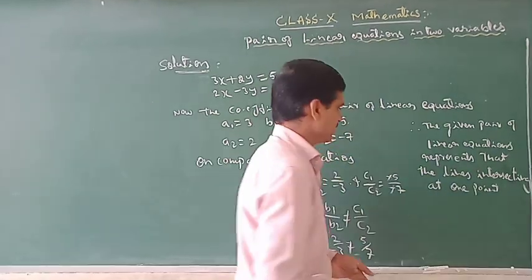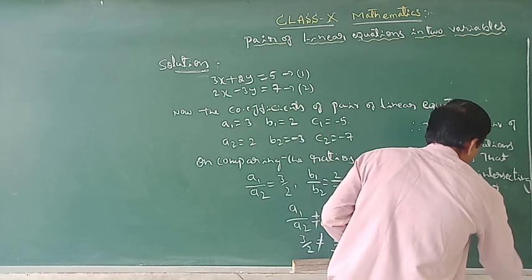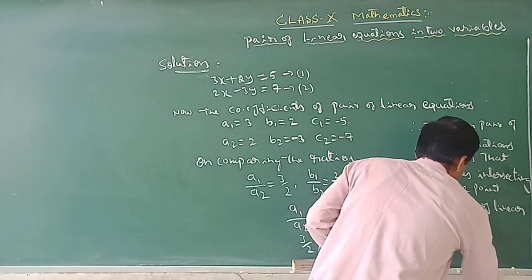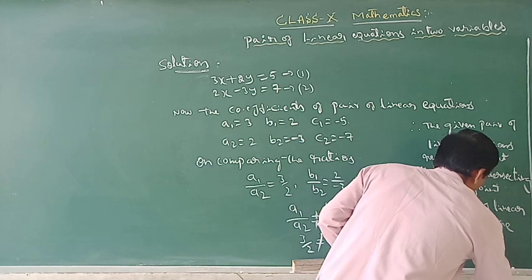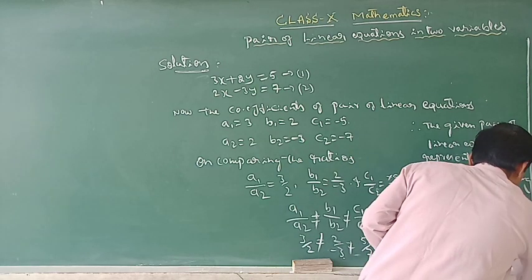It means therefore the given pair of linear equations are consistent. Why are they called consistent?